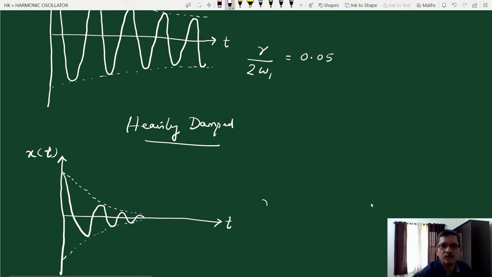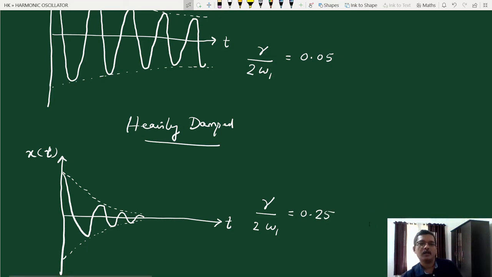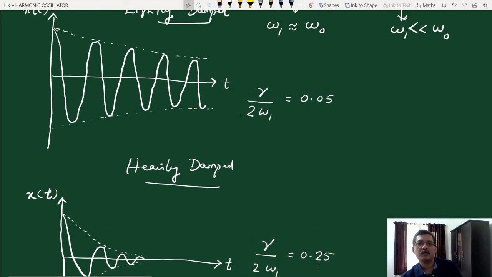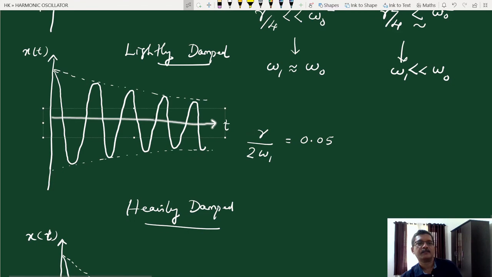It is still less than 1, but it is somewhat significant, of the order of 1. Let us say gamma by 2 omega 1 is 0.25 here, 1 by 4. It's a significantly large value. So if gamma by 2 omega 1 is very small compared to 1, like in this case 0.05, then it's a lightly damped case.